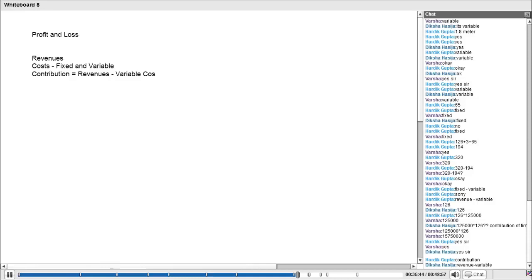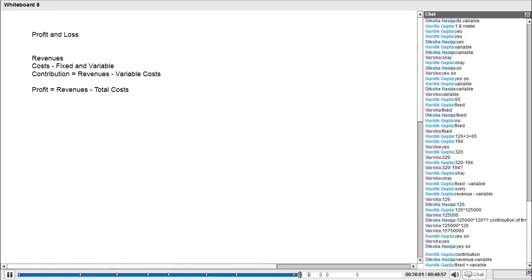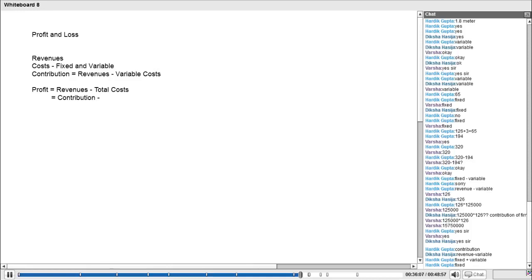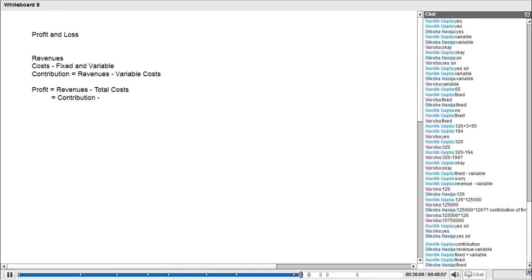So how do we calculate profit? Profit is basically revenues minus total costs. Total costs means all the costs, fixed and variable, and it can also be written in terms of contribution. If I want to write profit in terms of contribution, how can I write it? Yeah, we had accounted for variable cost, so contribution minus fixed cost.